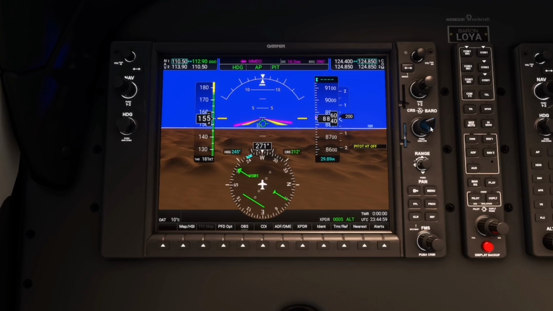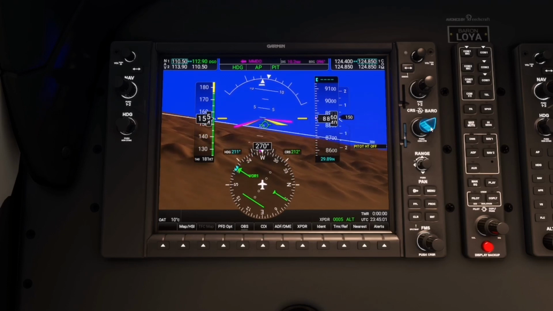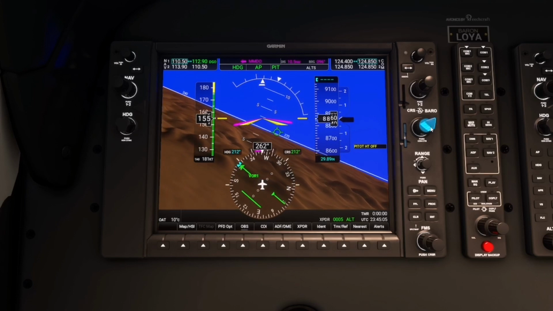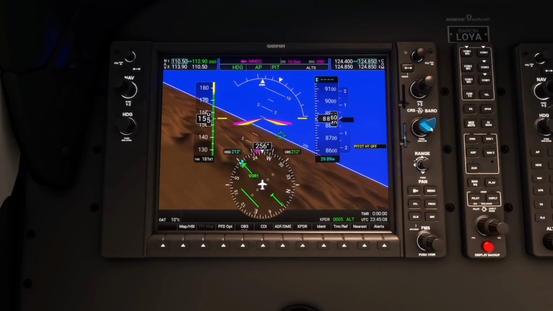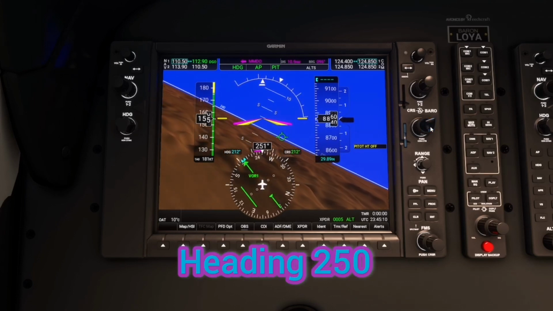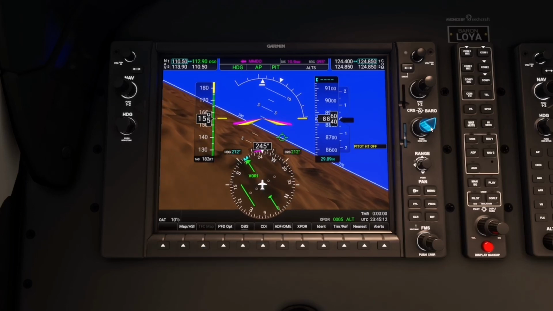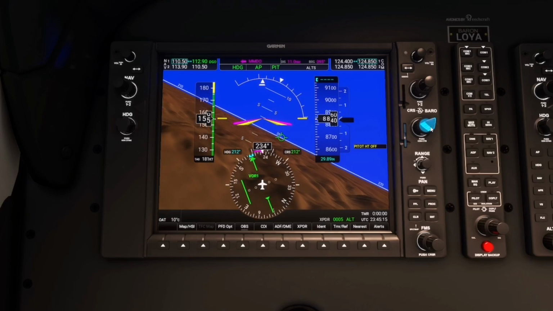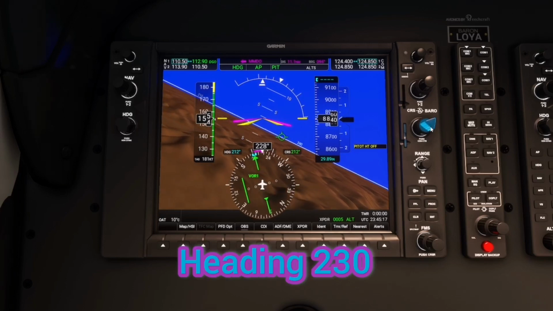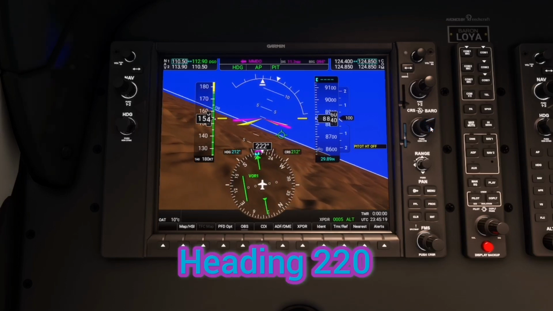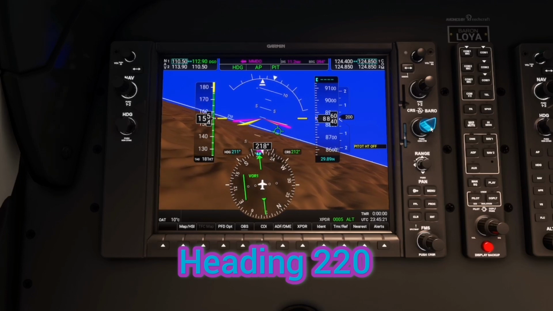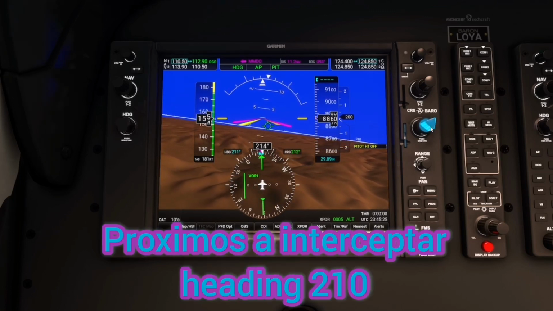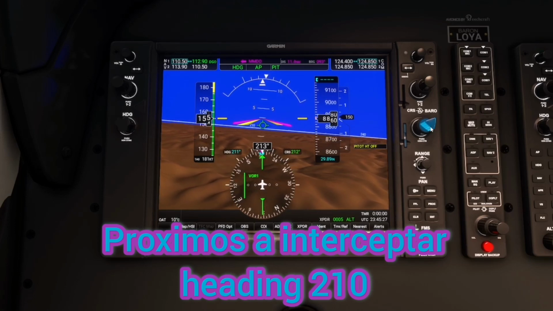After that, I'm going to bank my aircraft to the left. Notice the heading. Right now we are on heading 250, now heading 240, now heading 230, and now heading 220, and now we are about to get on heading 210.